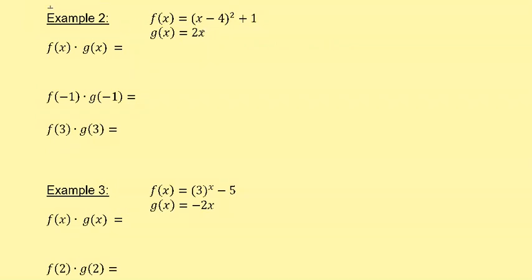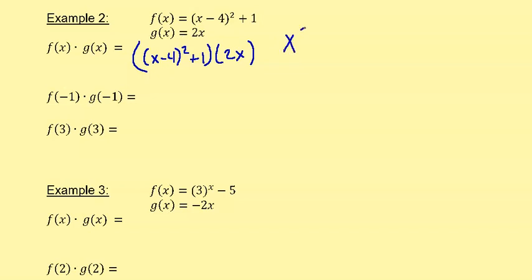f of x equals parentheses x minus 4 squared plus 1, and g of x equals 2x. Okay, let's find f of x times g of x. So before that, let's go ahead and simplify this one.